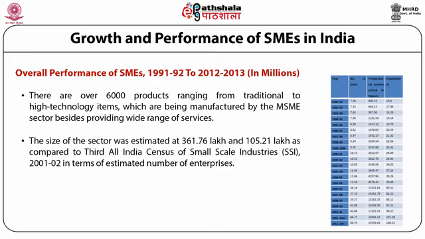The estimated employment generated in the sector was 805.24 lakh as compared to 249.33 lakh in 3rd All India Census. So the growth recorded during the year 2001 to 2006-07 in the manufacturing sector was 22.46% and 18.49% for the estimated number of enterprises and employment respectively.